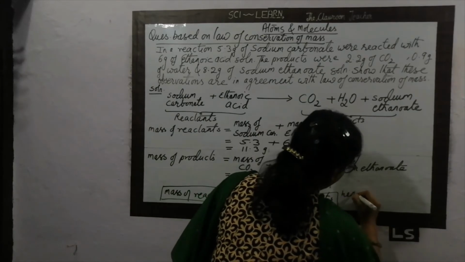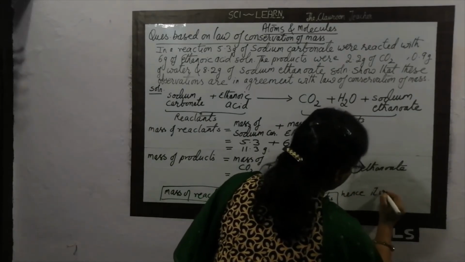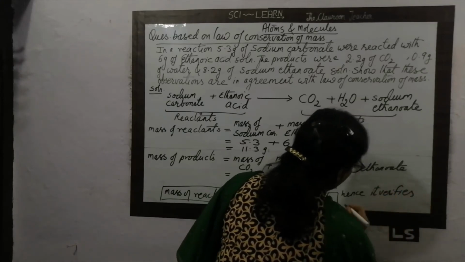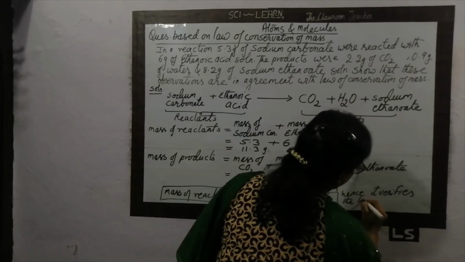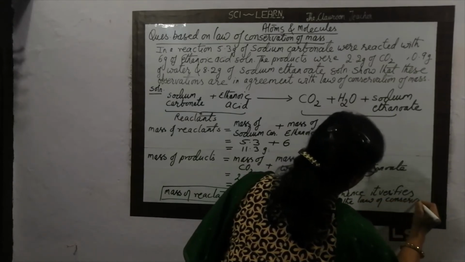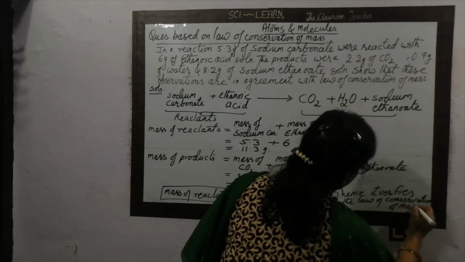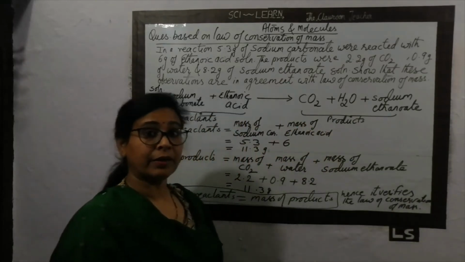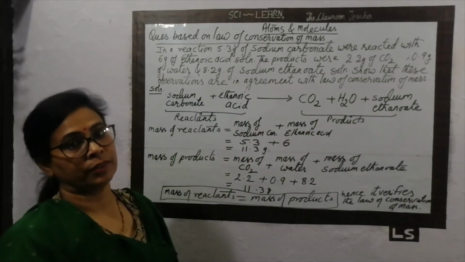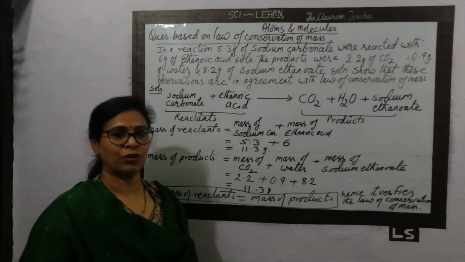Hence it verifies the law of conservation of mass. I don't think it is tough. This is the way to solve the question. This is one question on the basis of the law of conservation of mass.